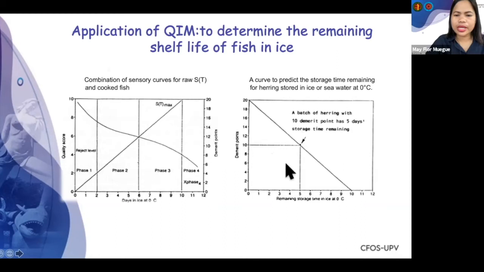Tingnan mo dito. Halimbawa nagkanda kayo ng sensory analysis using the QIM scheme and your score is 10, you will be able to plot it here, no? Ito yung i-match mo dito na you can keep your fish for 10 days at 0 degrees Celsius, no?